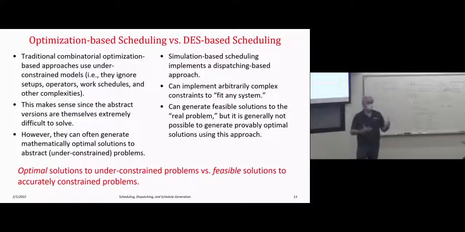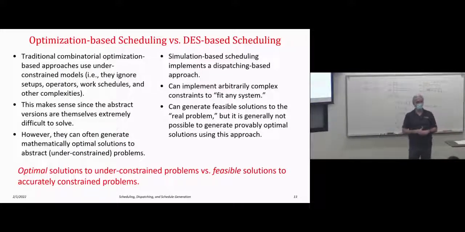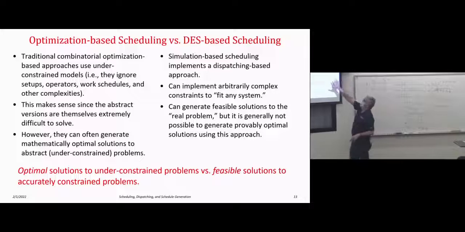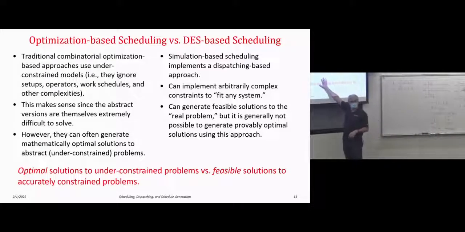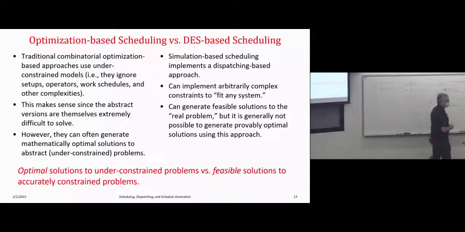In the general sense, it's not easy at all to decide how best to do that. And so in the cases we're primarily interested in, generating a feasible solution, and hopefully a good one, not just feasible, but not provably optimal, is our focus. Okay? Does that make sense?